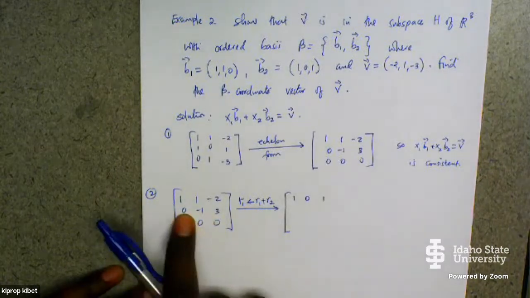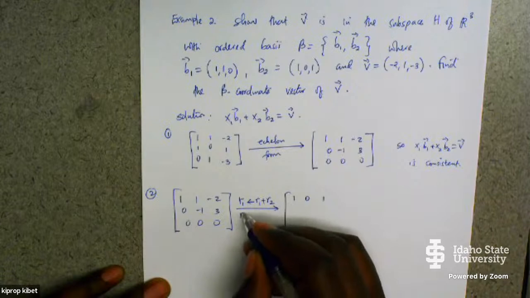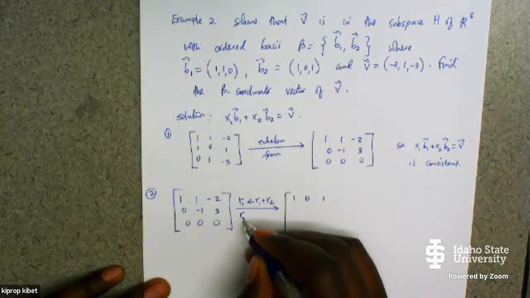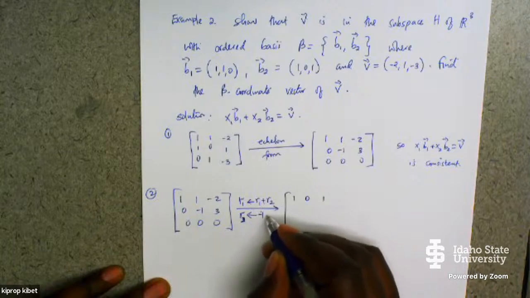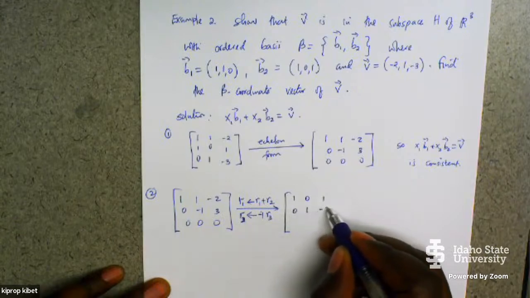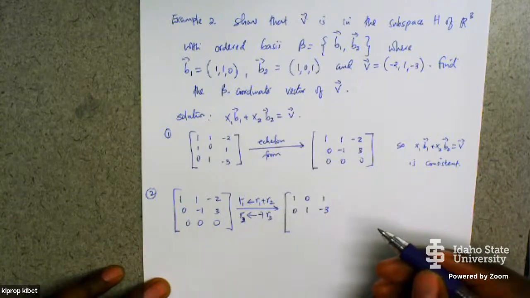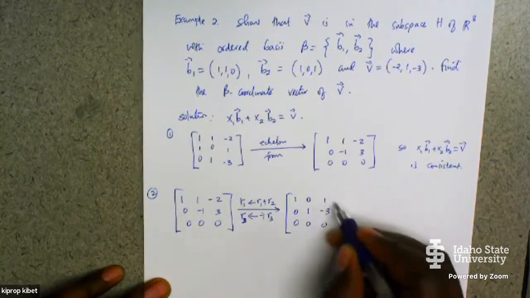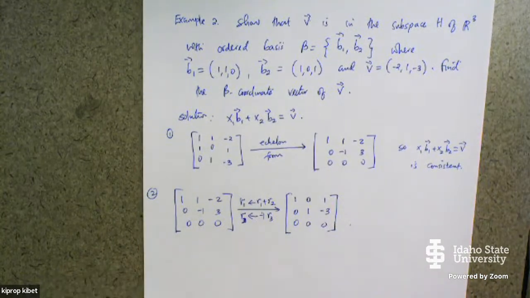Then we make this one 1 by multiplying R2 by -1. This gives 0, 1, -3, and then 0, 0, 0. So that is what we get.